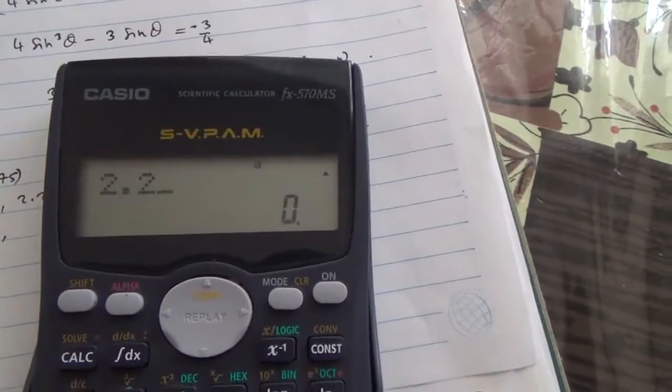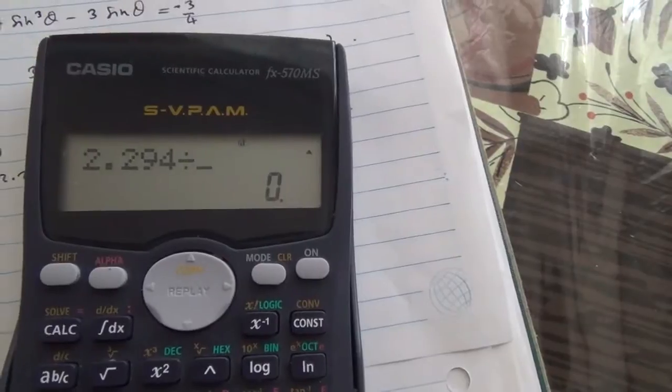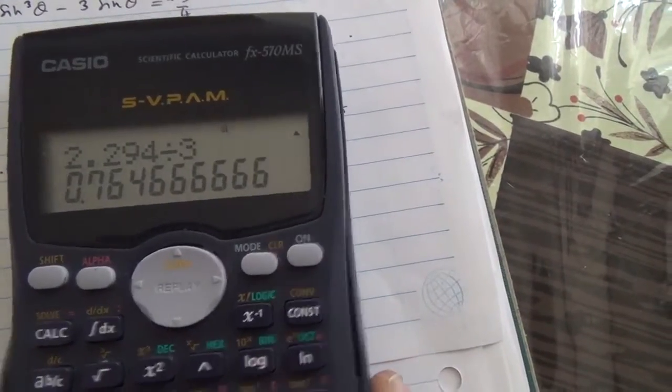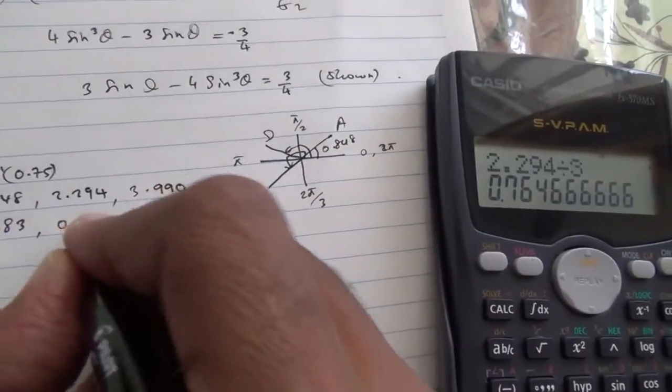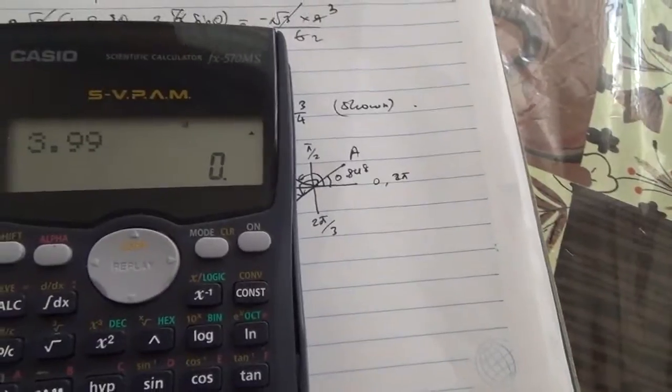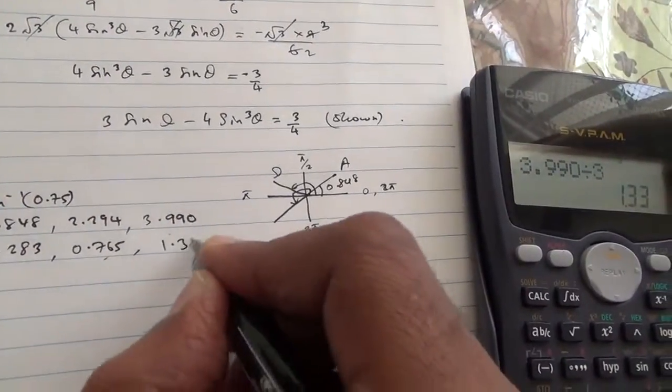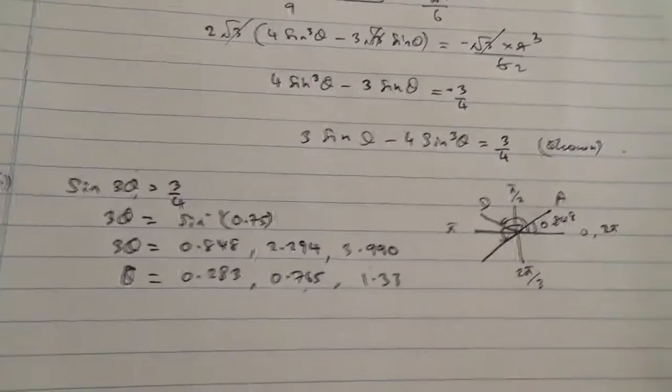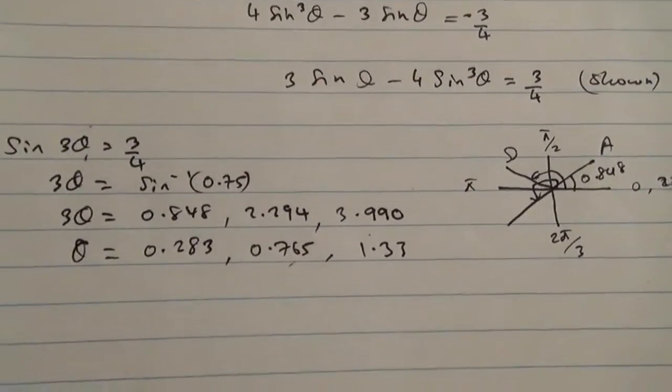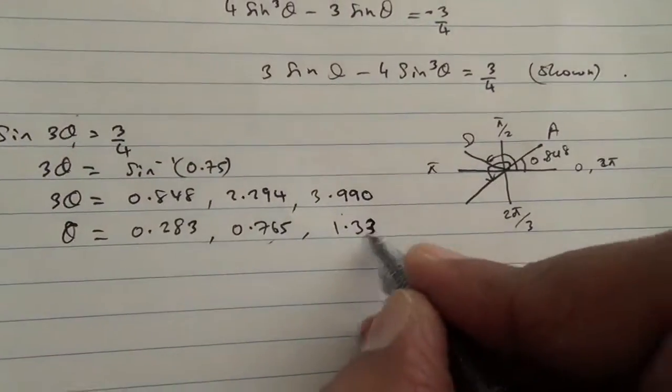For the second one I have 2.294 divided by 3, 0.765. For the third one, 3.990 divided by 3, 1.33. Okay, so here we are, we have 3 values for theta.